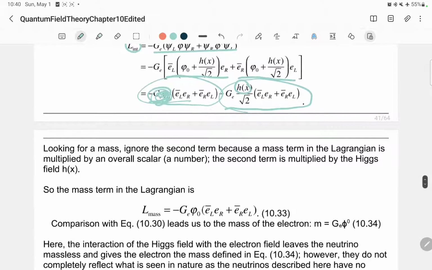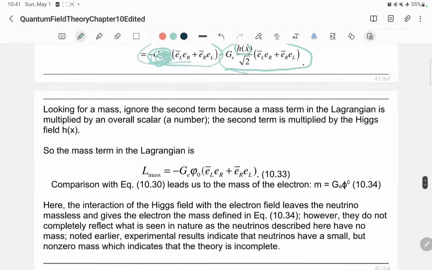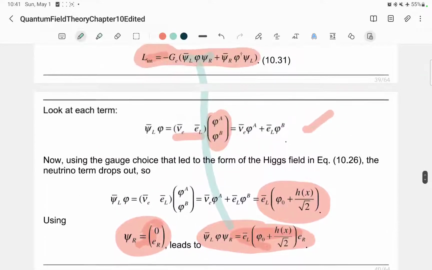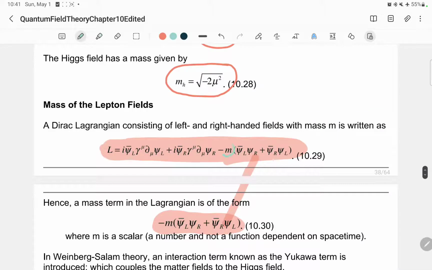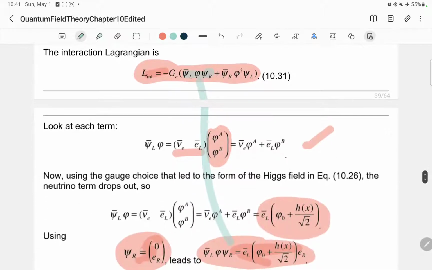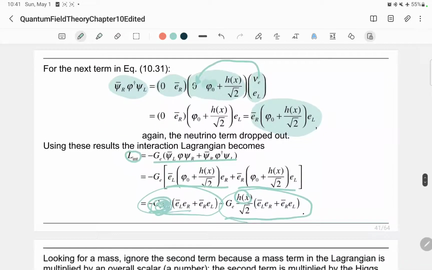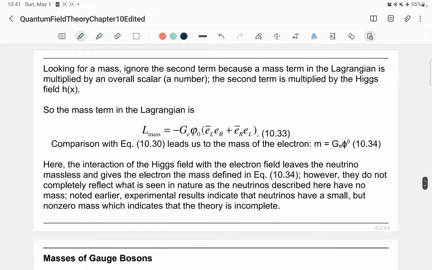And so if you look back, this one, so the mass term must be corresponding to this term, and the mass must be constant here. So you would be able to get this expression as the part of the Lagrangian that contains the mass of the leptons.